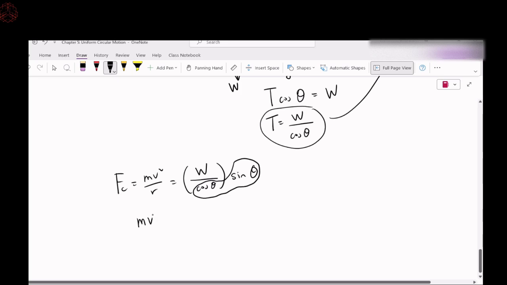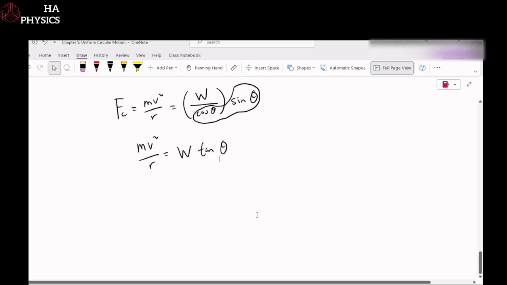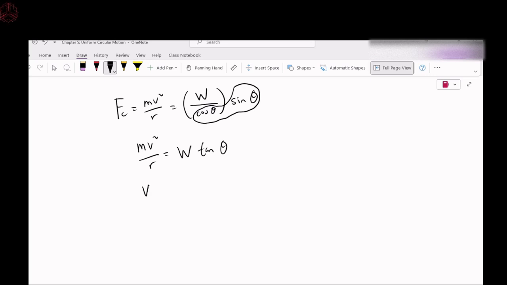So I'm left with mv squared over r equals W tan theta. Then I can figure out the velocity by rearranging that. I can have v squared equals, so W is just mg, times tan theta. I can cancel out the m. I'm left with v squared equals r g tan theta.